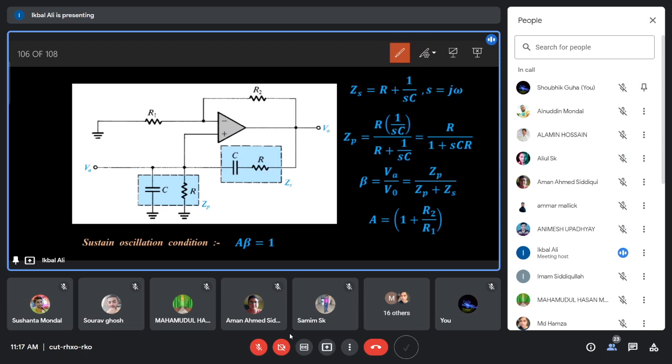We divide this beta network into two parts to reduce the complexity of analysis, into two impedances. We consider this series CR as a section, the series combination of capacitor and resistance, and call it ZS.